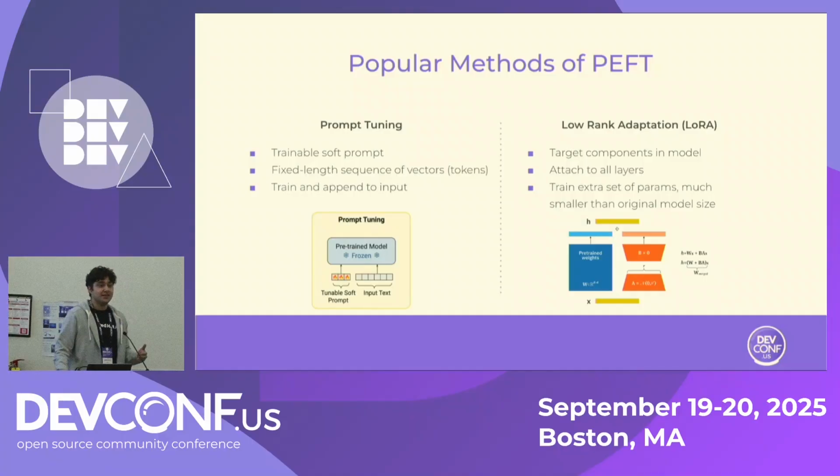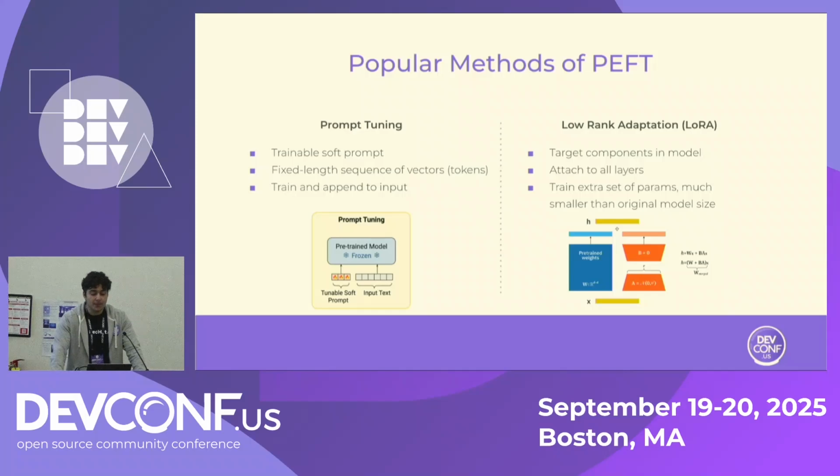So think of this like a system prompt or an instruction that instead of hard coding or engineering yourself, you're asking the model to learn, and it'll then be appended to all of your inputs. That's prompt tuning. So simply learn the best instruction to give my model while working on a certain task.